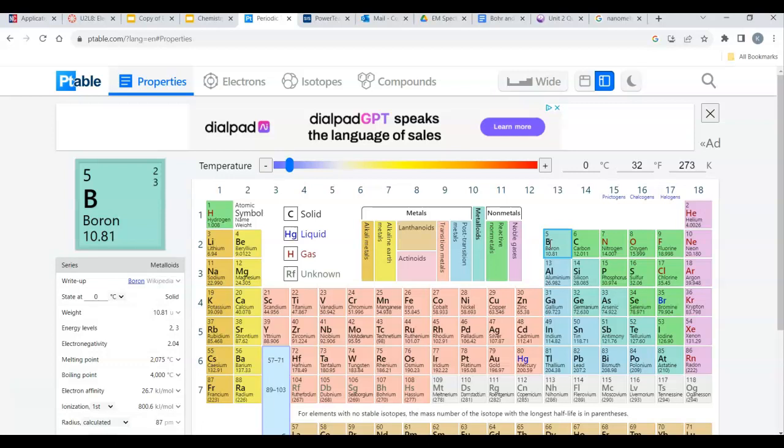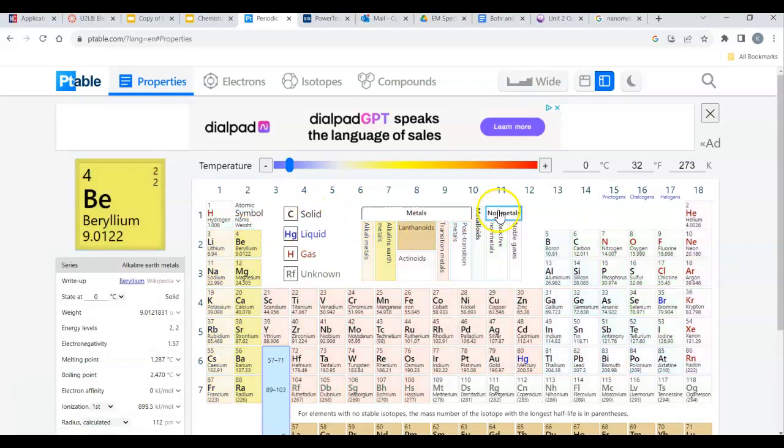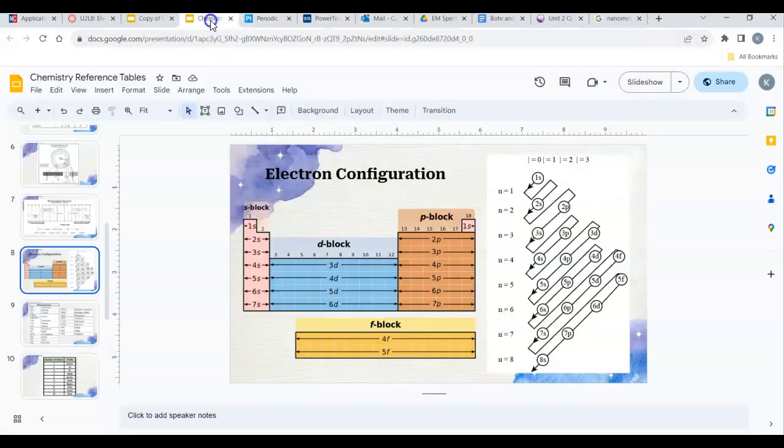But because we're doing full configurations, we have to go through all the other configurations. So we're starting here. Okay, remember, helium is over in the S block. It's just over with the noble gases because it's stable. So we would do 1s2 because we have to go through the first S block, 2s2, 2p1. Okay, so that's boron.